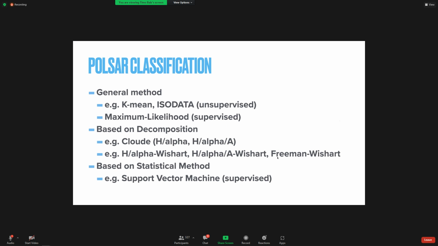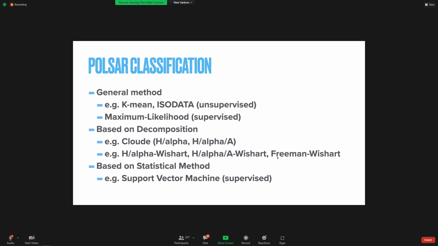But for classification, it's common to use the Claude or Cloude, H-alpha, Wishart, Freeman-Wishart, the different types of decomposition that work very well with classification. Pauli is good for visualization, but for classification, these ones are a bit better. And then you can use the decomposition and put it in your classification method.